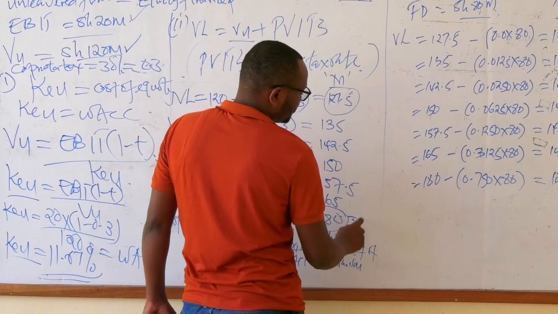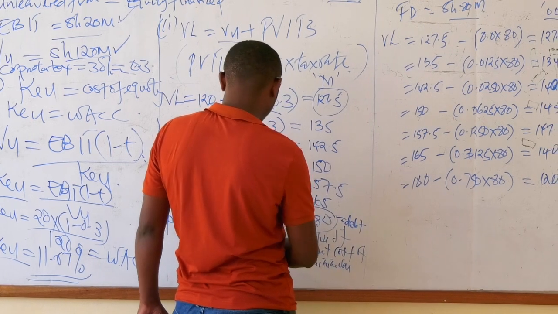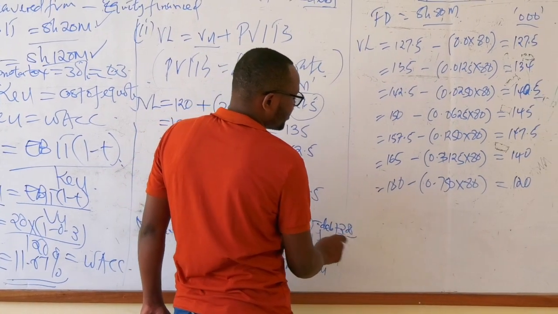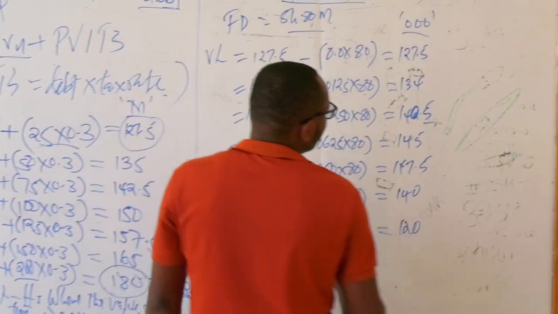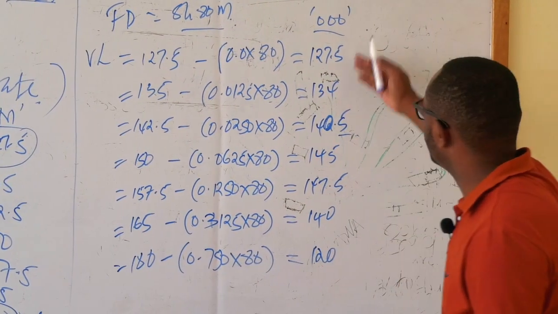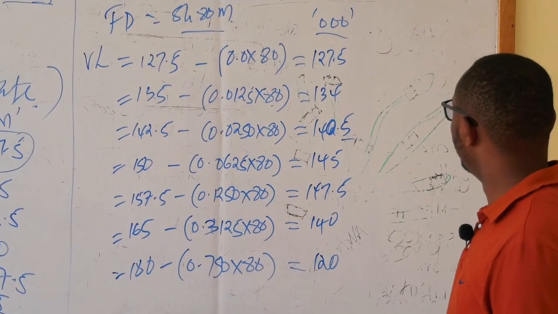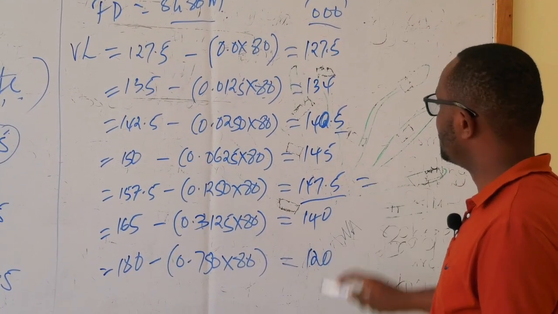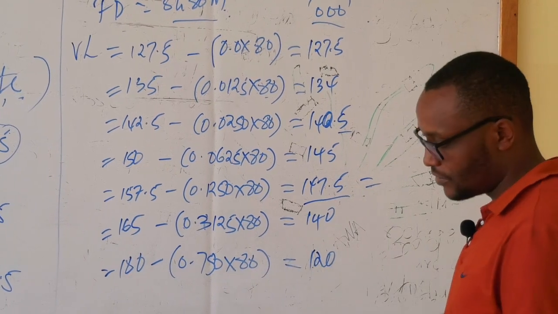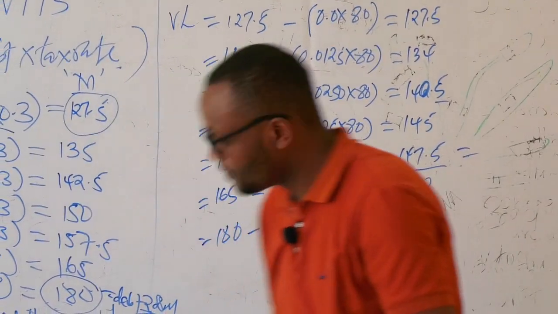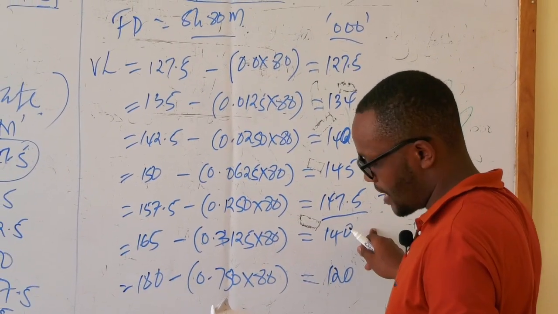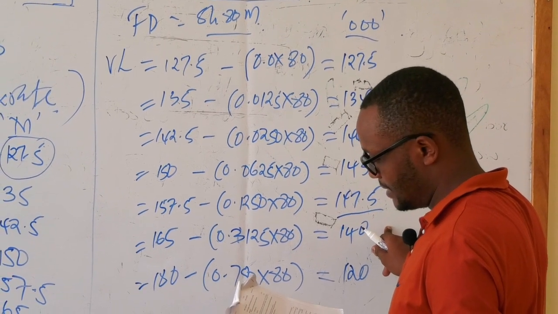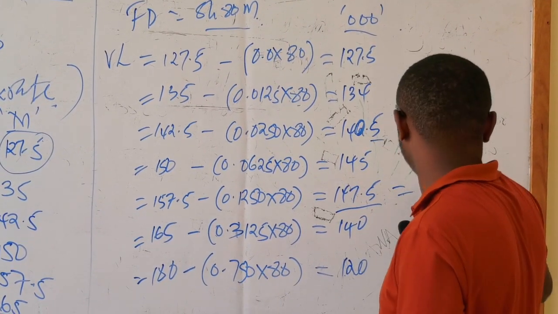With the debt of 200, the corresponding debt is 200 million. So the optimal level of debt is this one, 147, with the corresponding debt value of 125.